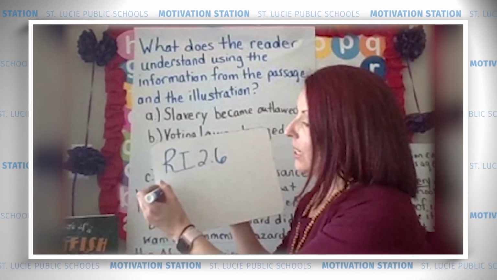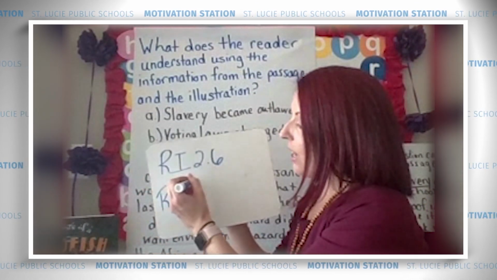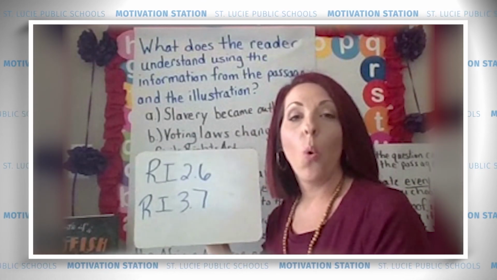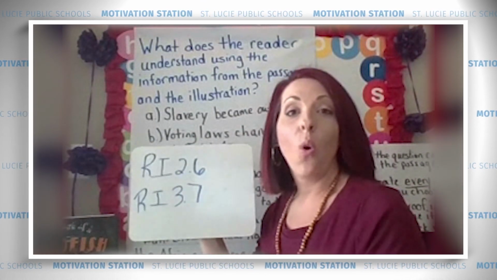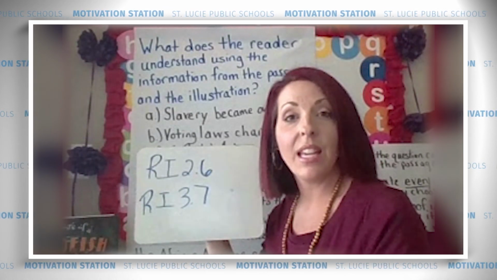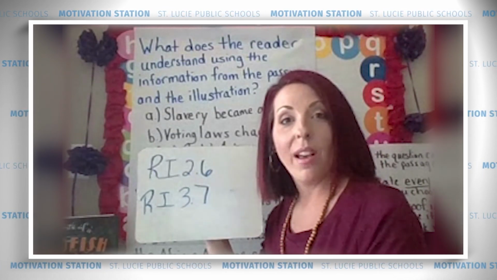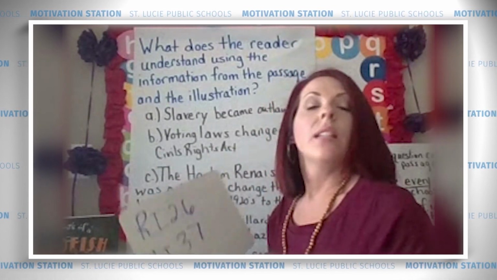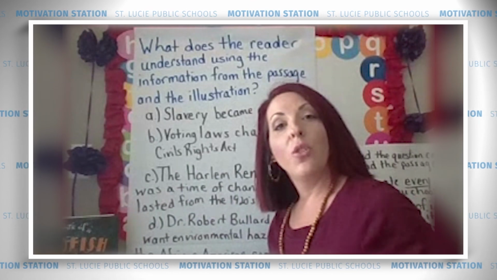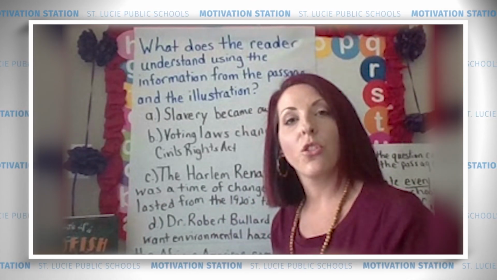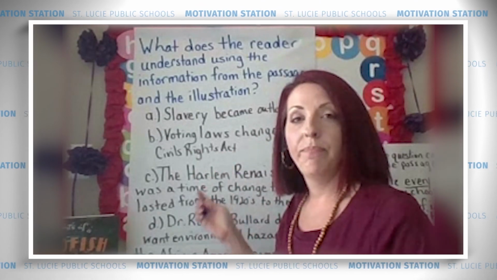We're also going to continue working with RI 37, which is using the illustrations or the diagrams or photographs or any other type of picture that we see in our text to help us understand what it is we're reading. Today, boys and girls, we're also going to continue practicing our relax strategy that we do as readers when we are answering a question.